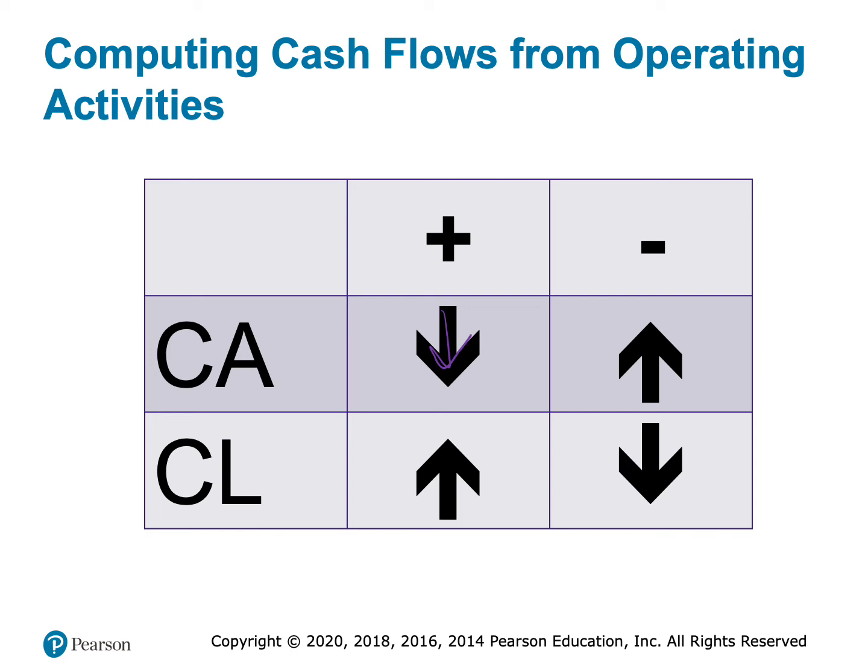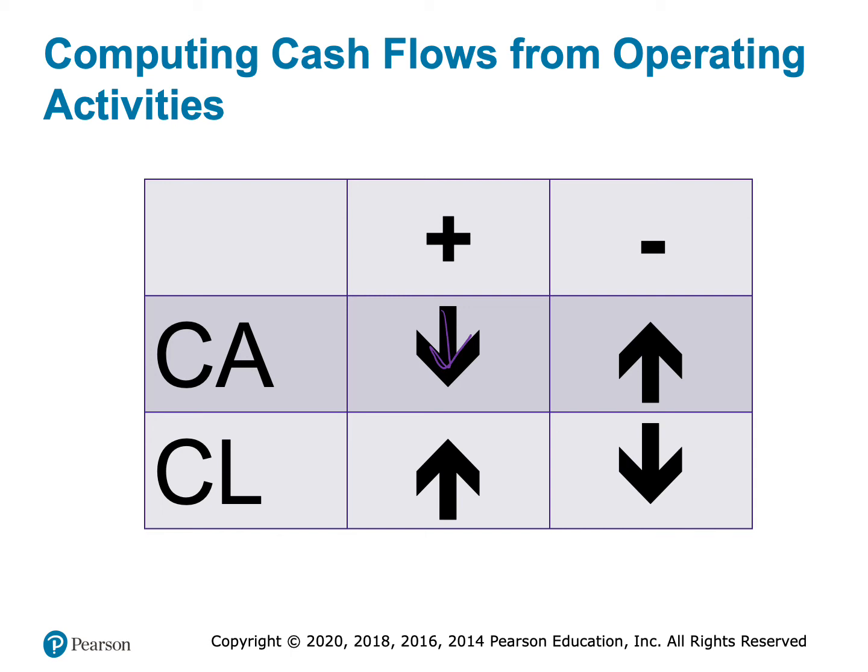Okay. Now let's look at the next current asset we typically see, which is inventory. If inventory went up last year to this year, that means I bought more inventory. If I bought inventory, I had to spend cash.